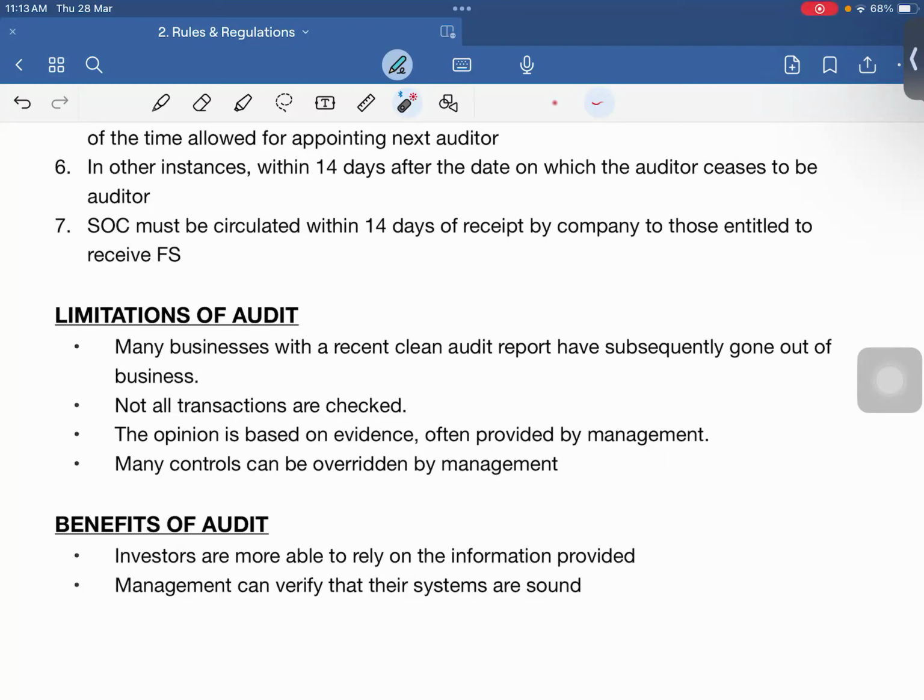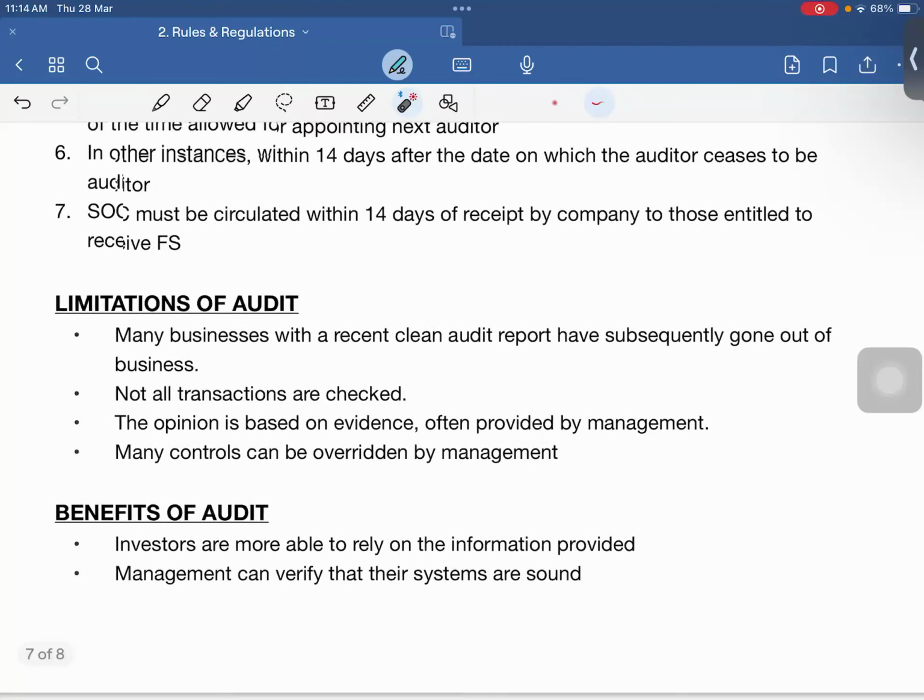So that is a limitation. Clear? Now, I have told you within the company there are certain checkpoints, right? They are called controls. And these controls can be overridden or made valueless by the management, right?